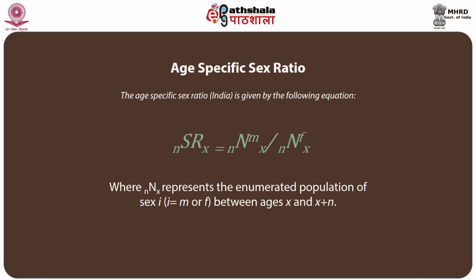As you know, the overall sex ratio is the number of males per 1000 or 100 females in a population. Simply by dividing the number of males by the number of females multiplied by 100, you will get a sex ratio.